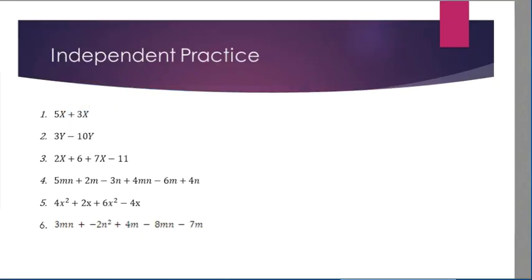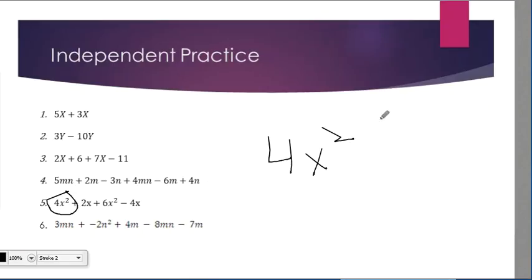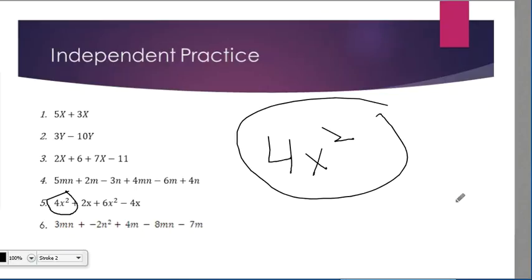Terms can also be made up of a number and a variable raised to a power, for example, 4 times x squared. This is one term. The number part of the term is 4, so that's called our coefficient.